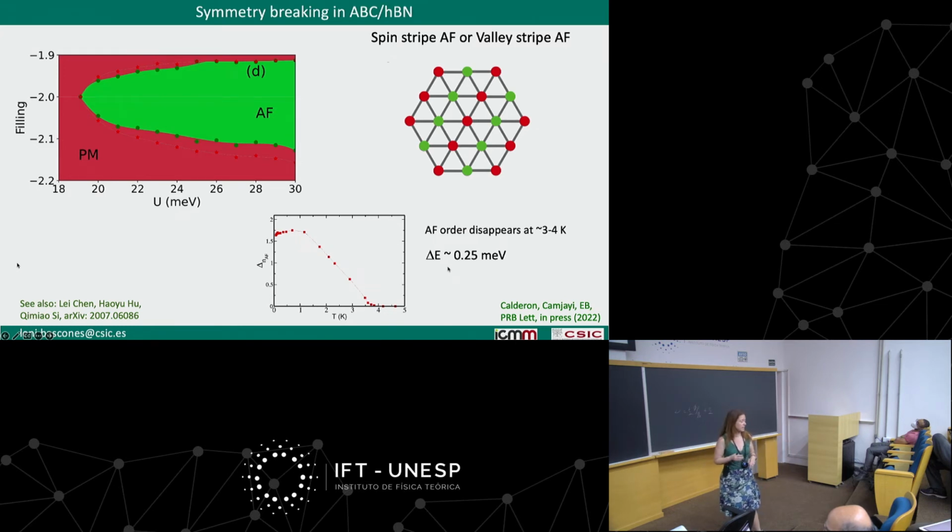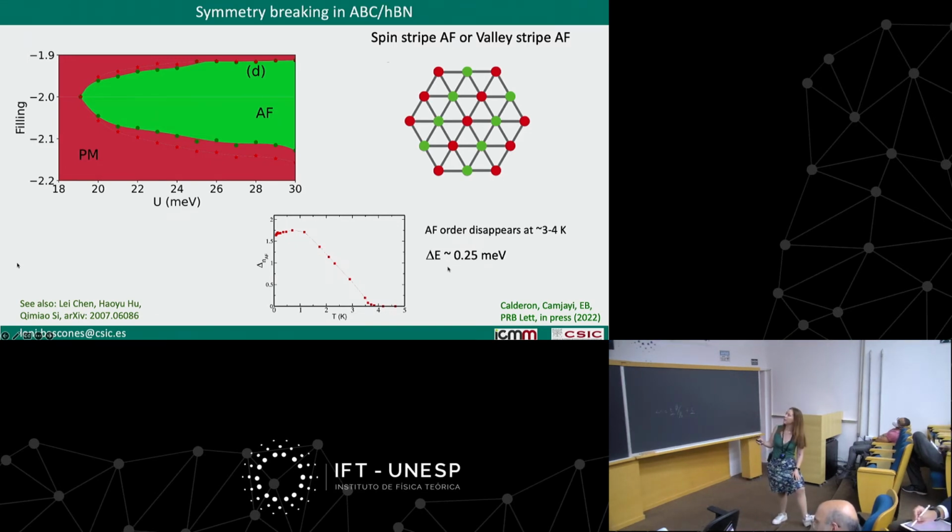So then it's less obvious what kind of states are found. And in particular, what we find is an antiferromagnetic state at interactions at which the system is really close to this localization and also very close to the integer filling.